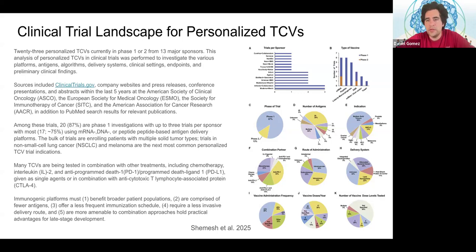So we can see these pie graphs: the phase of the trial, the number of antigens, the indication, the combination partner, route of administration, delivery system, vaccine administration frequency, vaccine doses per year, and number of vaccine dose levels tested.